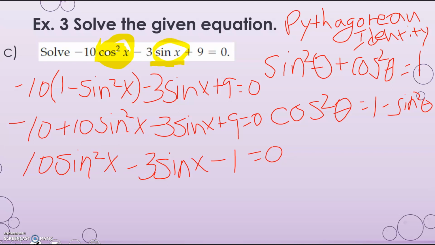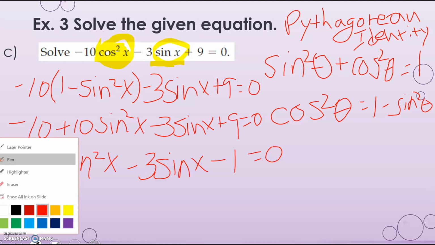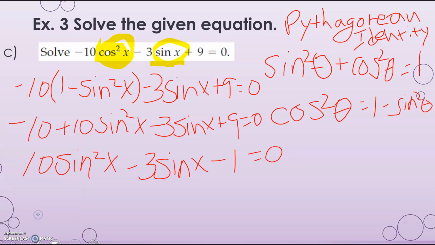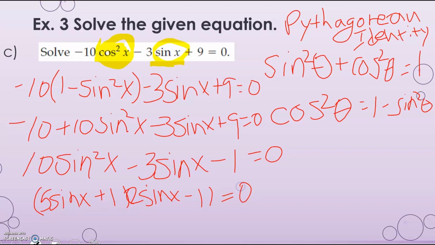We should be able to factor this into 5 sine x plus 1, and 2 sine x minus 1 equals 0. Okay.